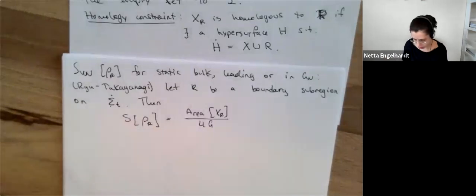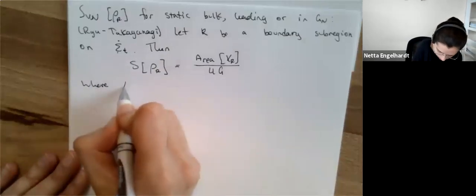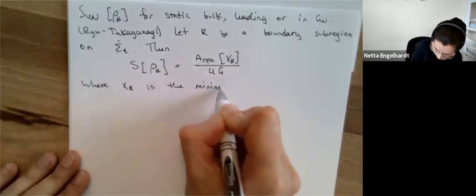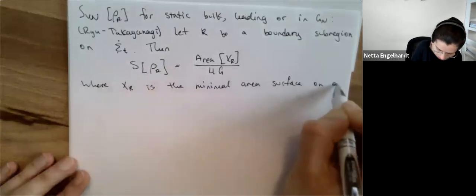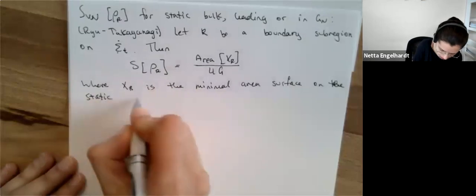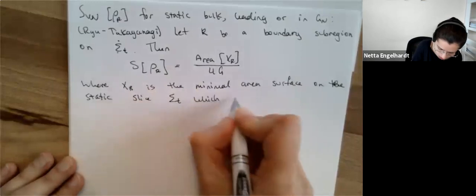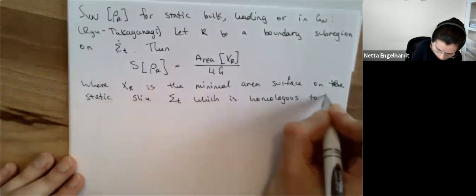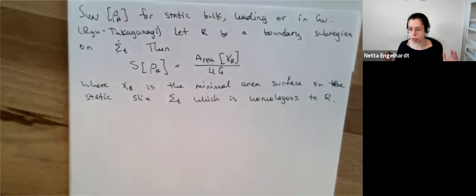And again, this is to leading order in G, where X_R is the minimal area surface on the static slice, sigma T, which is homologous to R. And this homology constraint is really crucial. Otherwise, we just always have the empty set here.